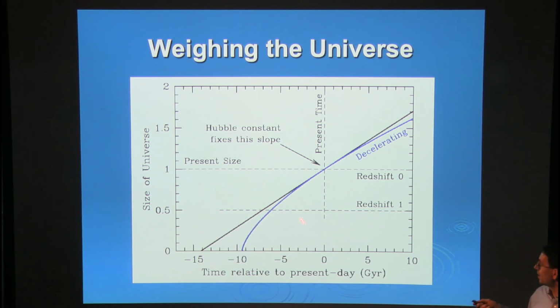So that would say that objects at a given redshift should actually appear to be closer, because the light's traveled less distance to get to us. That means the objects would be a little bit brighter. So by measuring objects at a given redshift, the brighter you measure them to be, the more deceleration there has been, and therefore the more mass there is in the universe.